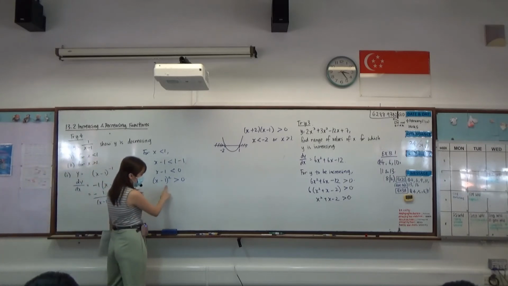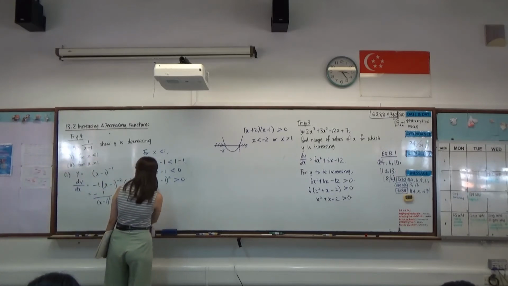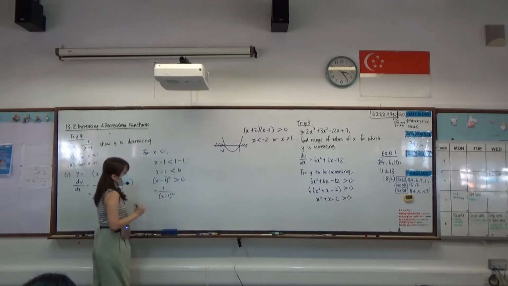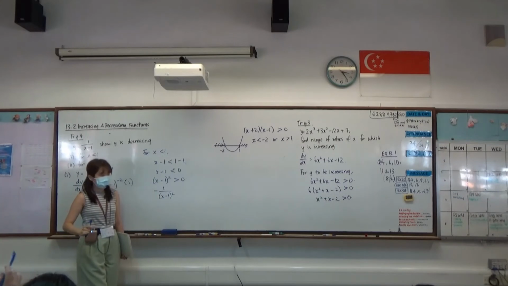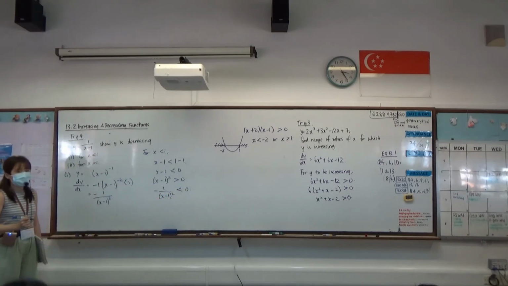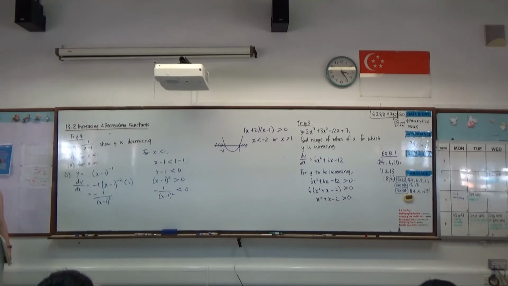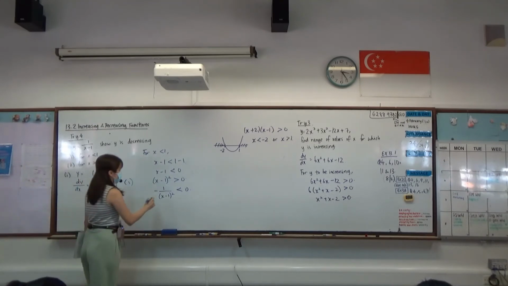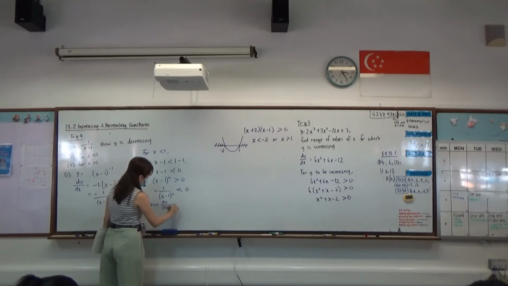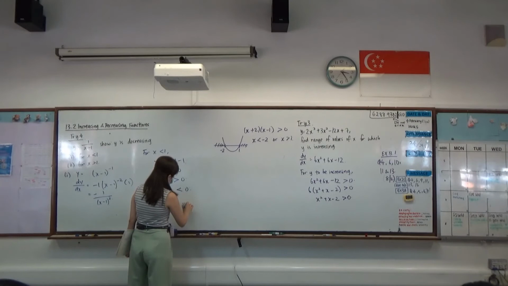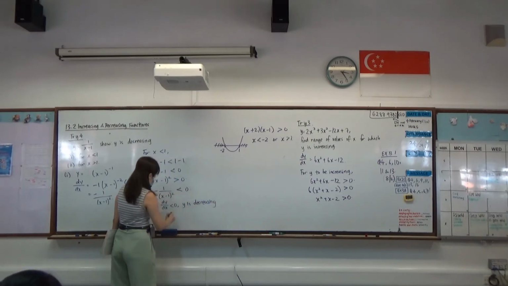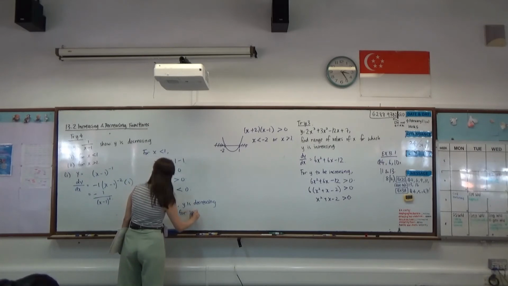So with this being positive, our dy over dx, which is a negative value over here, will be less than 0. So our dy over dx is less than 0. We can conclude that y is decreasing for x less than 1.